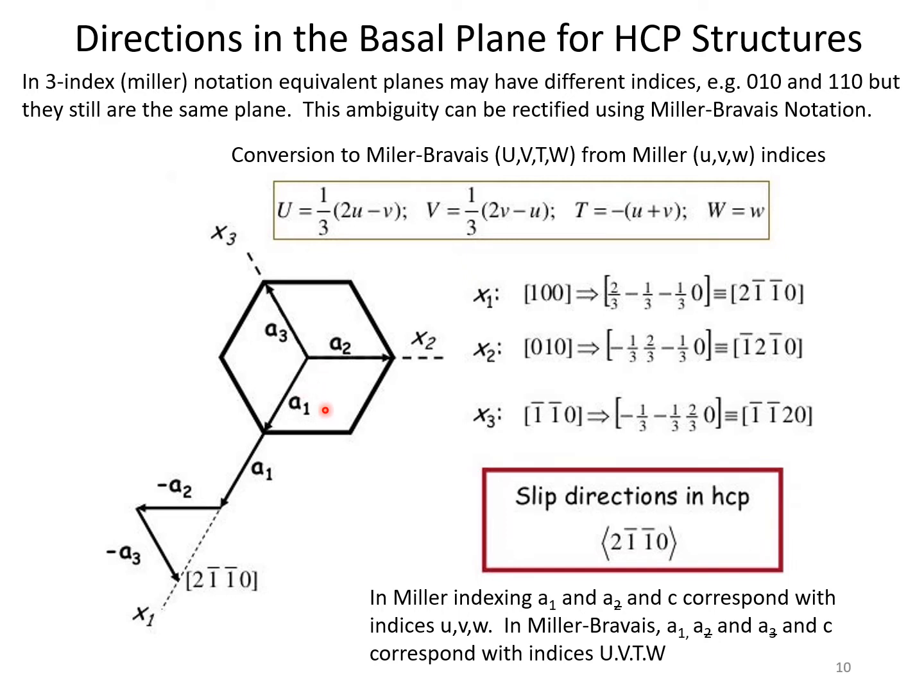In a three index Miller system, we'd only have A1 and A2 as the basis vectors to describe directions and planes in that unit cell. So let's think about directions, because that's easier now. If we think about directions in the three index system, we're looking down on the unit cell along the z-axis.